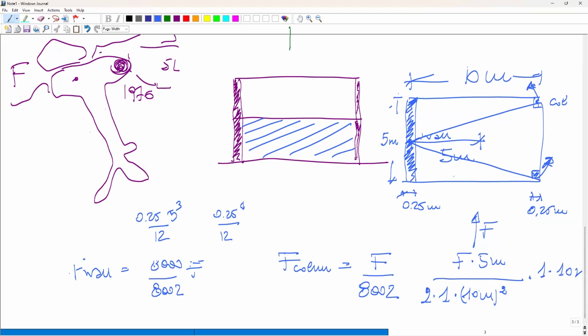And how much is this? Well, 10 and 10 simplify. This 5 simplifies with this, it is 2. So you have actually that because of the torsion, the columns take up each 1/4 of the force.